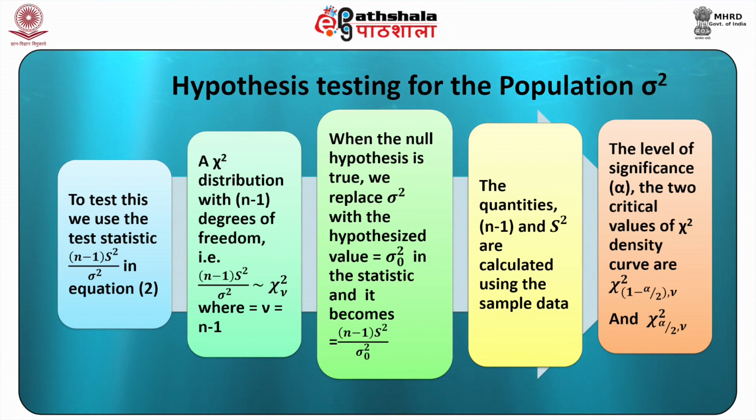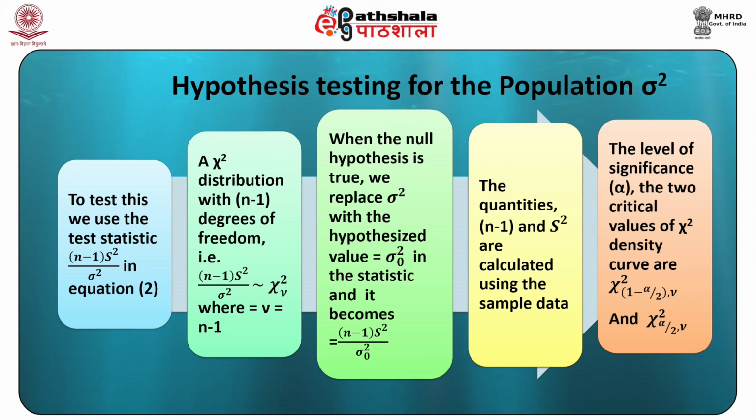Now, if you substitute the value of sigma square equal to sigma 0 square under the null hypothesis, then the test statistic becomes equal to (n minus 1) S square upon sigma 0 square. Now, the quantities n minus 1 and S square are calculated using the sample data.